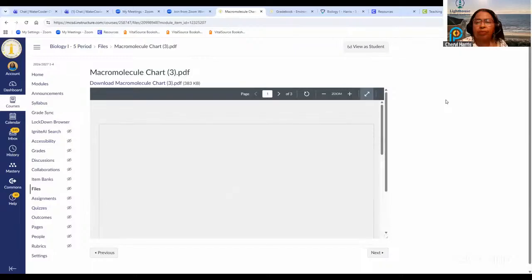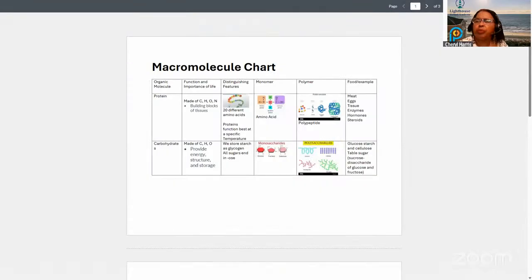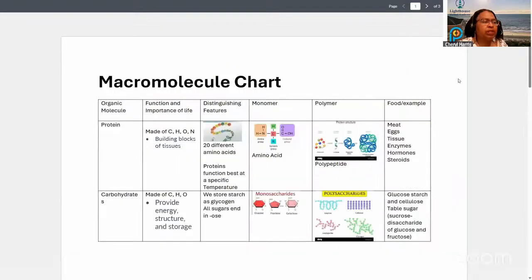All right, so this kind of summarizes that whole unit as far as all the important things you need to know. We have on our chart 5 molecules.